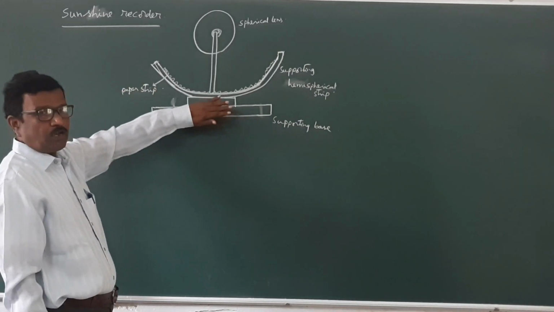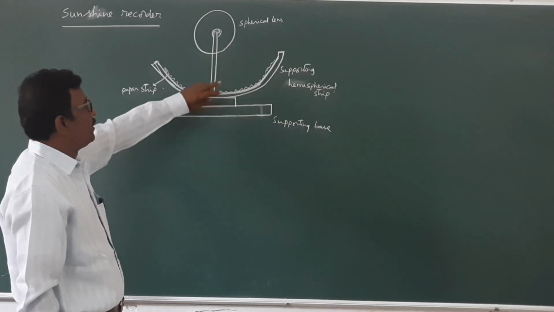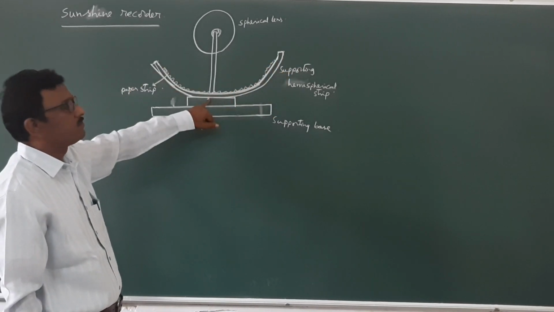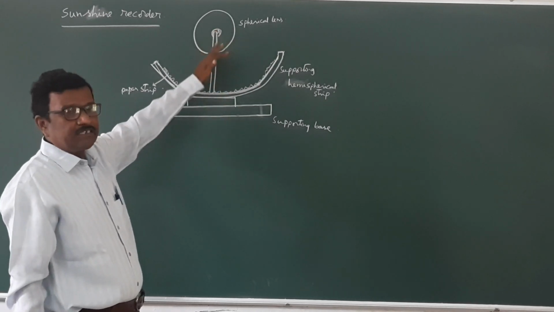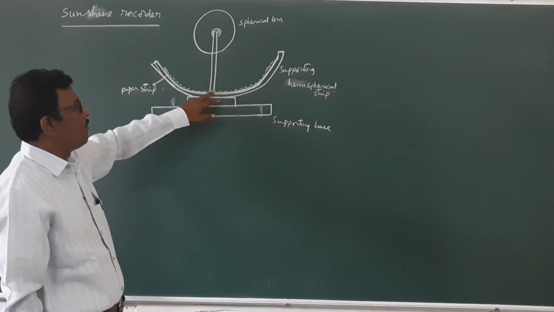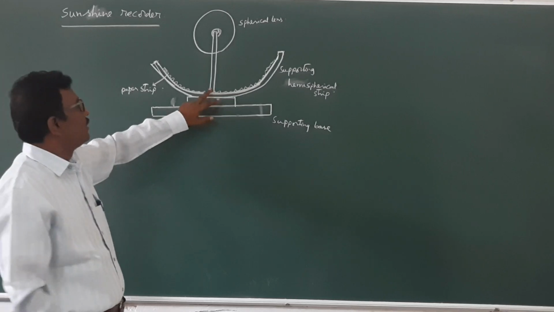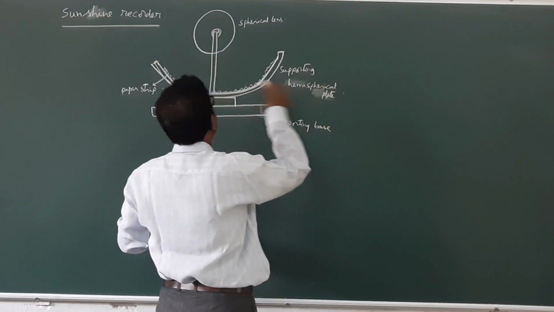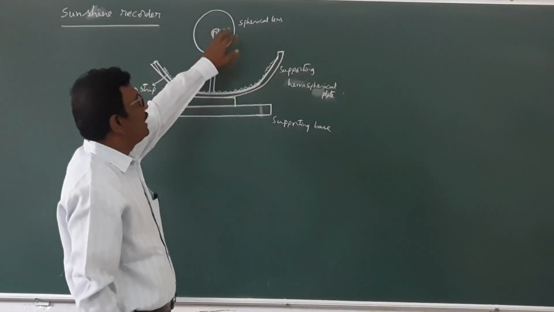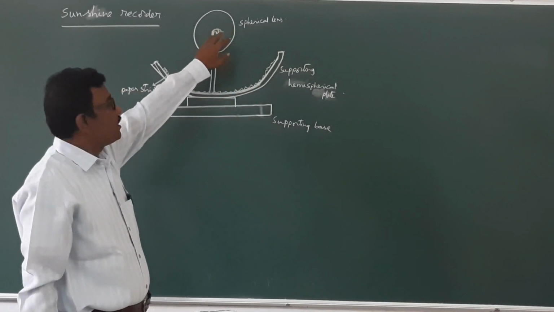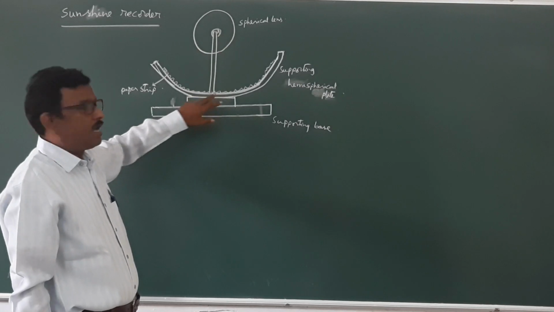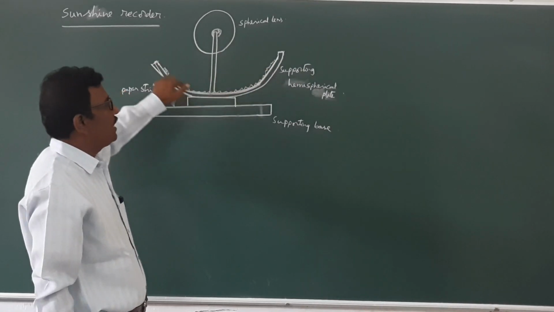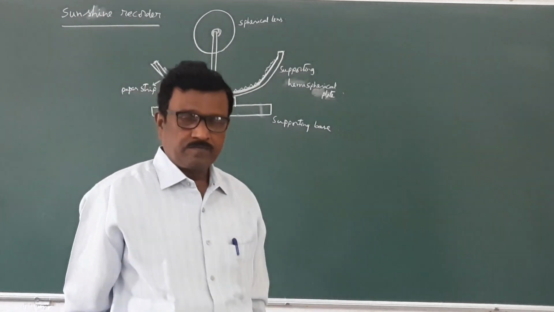It consists of a fixed base, a hemispherical metallic strip fixed to it, and at the center of the plate, a spherical lens is supported, and a small paper strip is fixed inside the hemispherical plate.